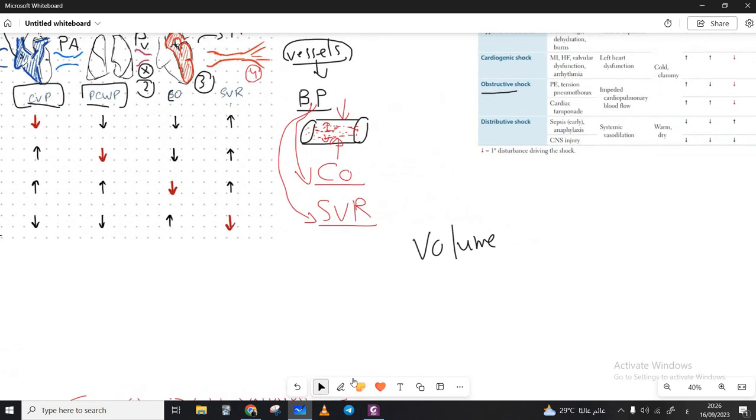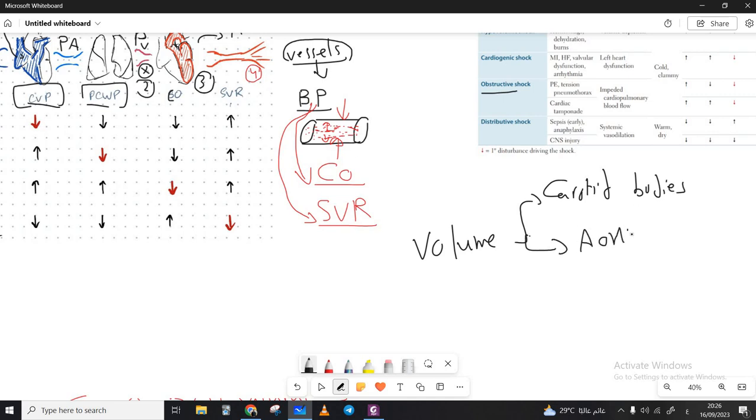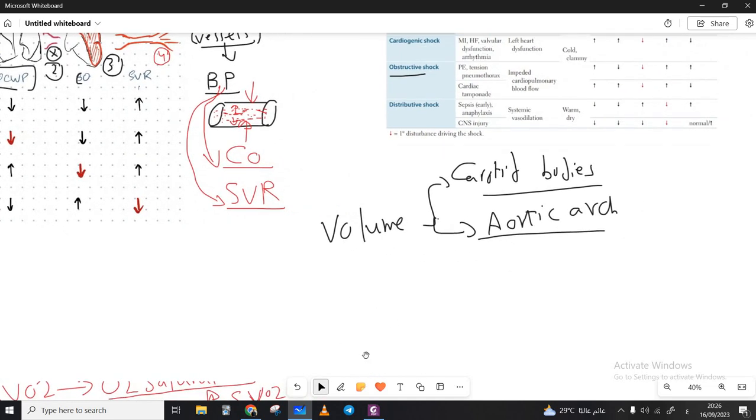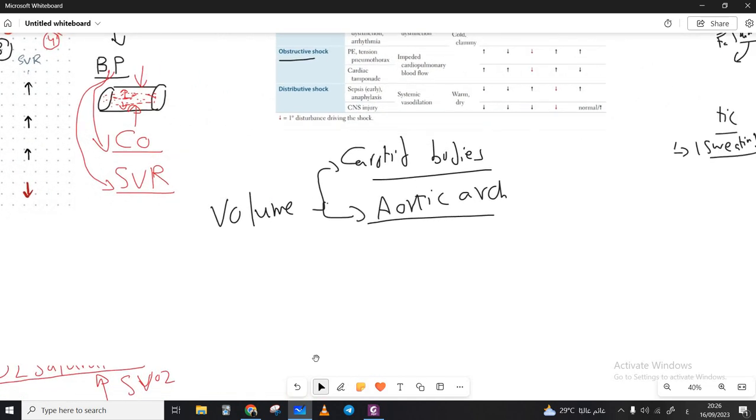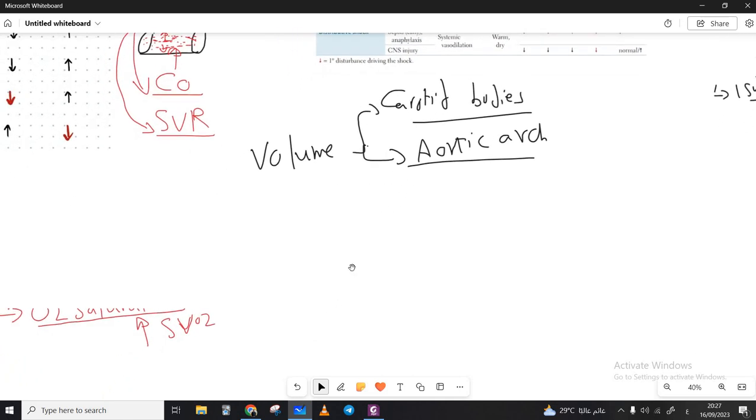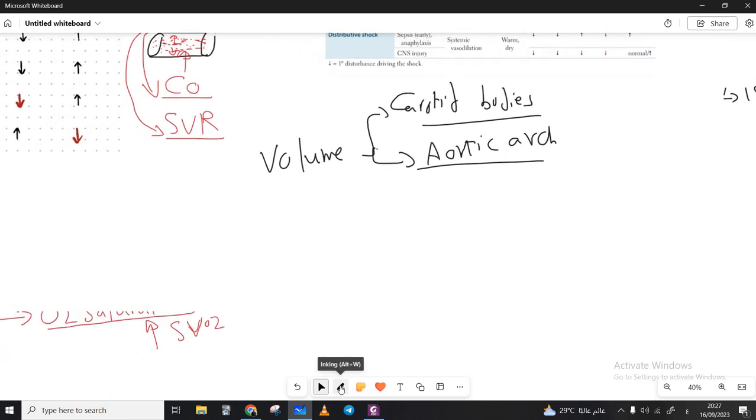We have one in the carotid, called the carotid bodies, and one in the aortic arch. These are volume sensors. They sense how much volume we have inside our body, because these keep things in the normal phase.